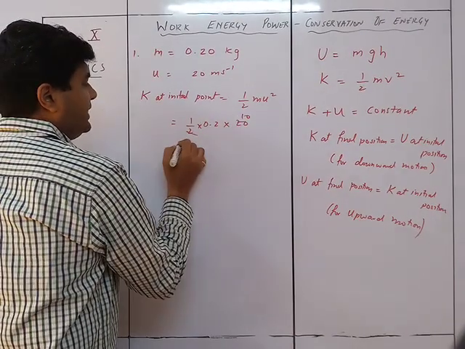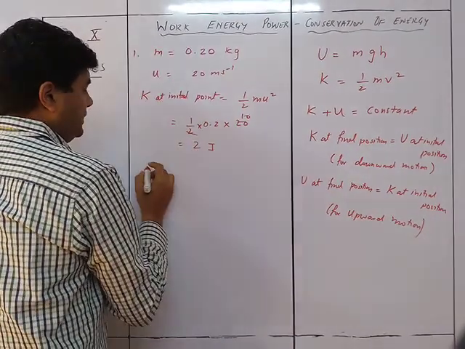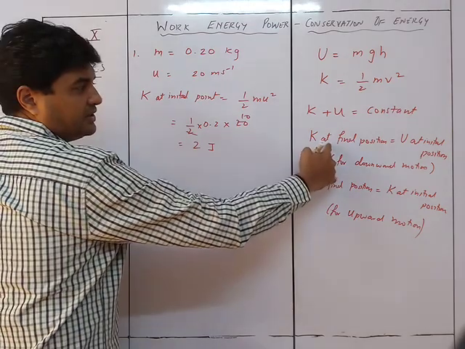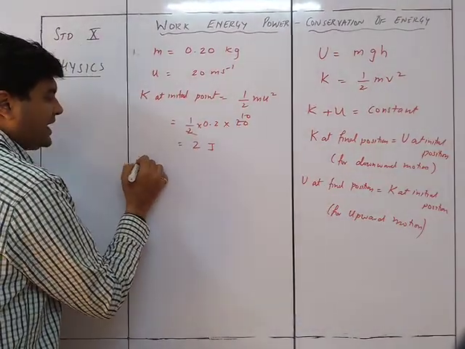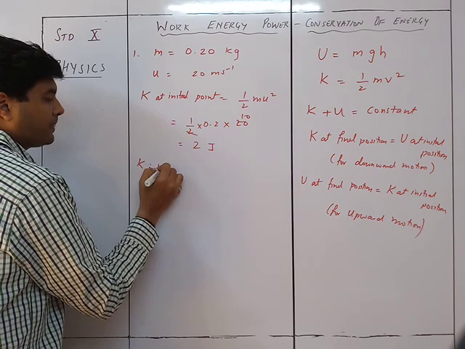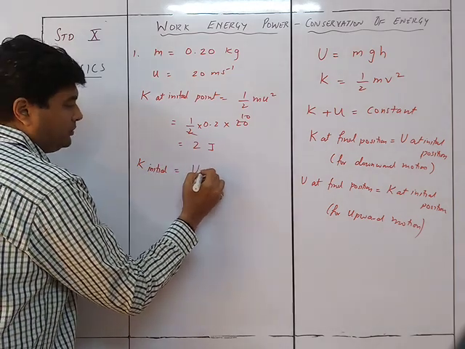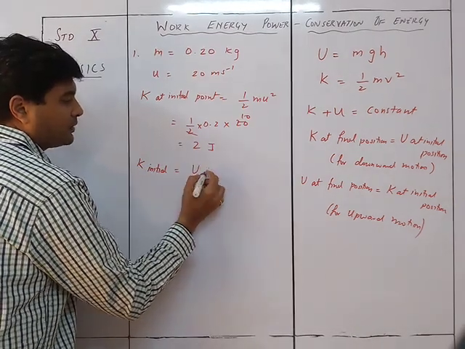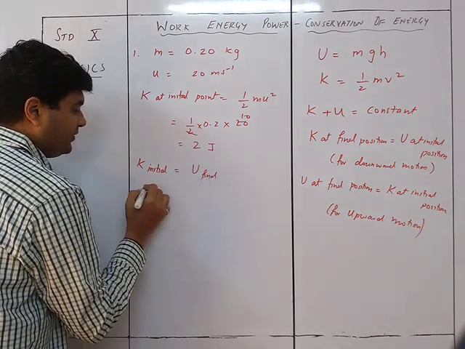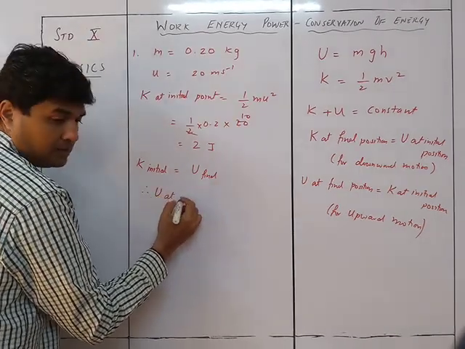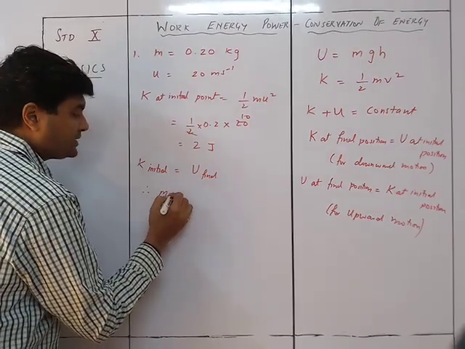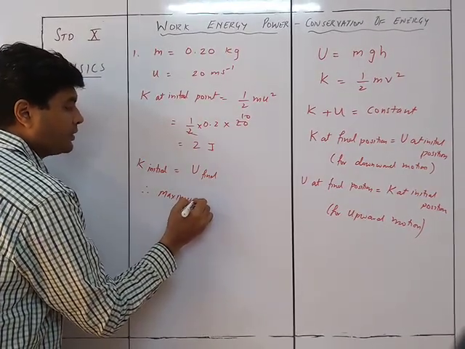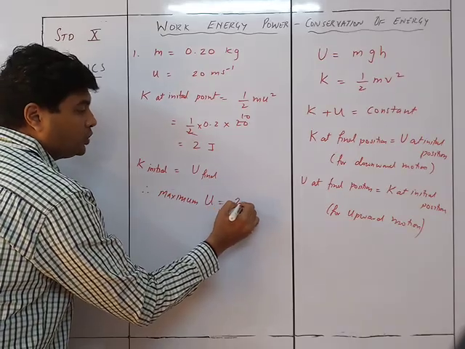Then K initial is equal to U final. Therefore U at maximum is equal to 2 joule.